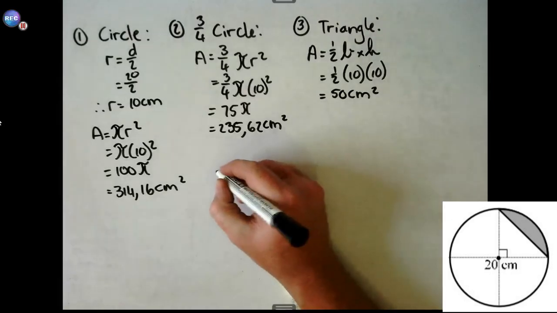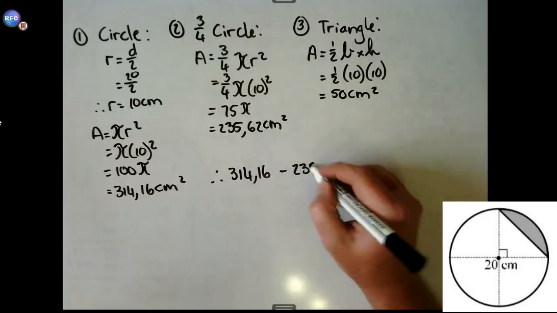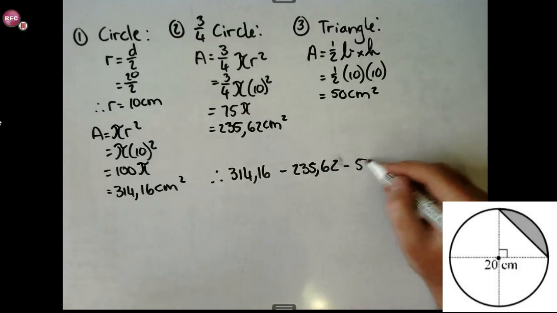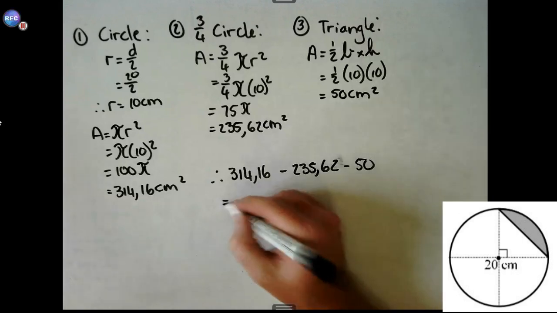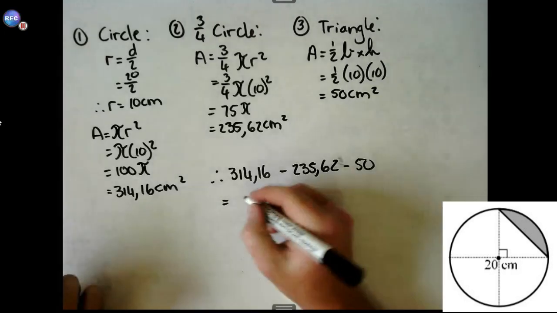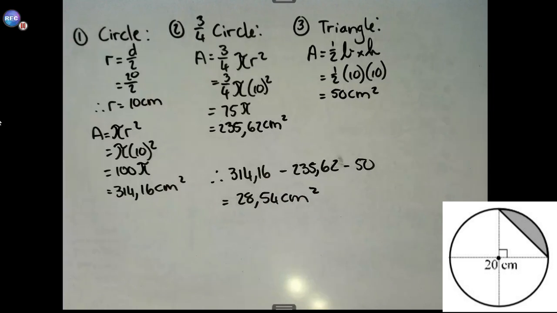So we're going to say, therefore, 314,16 minus the 235,62, which is the 3/4 circle, minus the 50, which is obviously the triangle, will give us a total shaded area of 28,54 centimeters squared in this regard. And that is how you calculate the shaded chord of that circle.